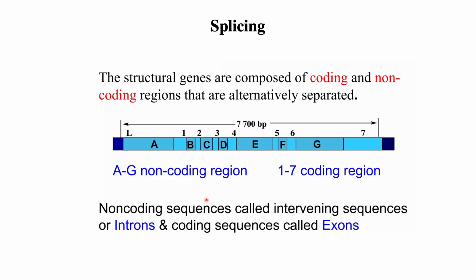There's also a process called alternate splicing, where in some mature transcripts we might have only some of these alphabets, like A, C, D and G, and B, E and F could be missing, and we could have a different transcript where A and B are missing but we have the rest of these regions.